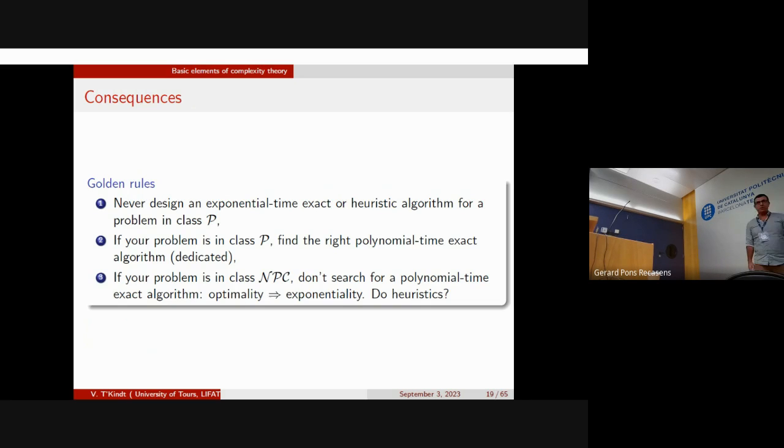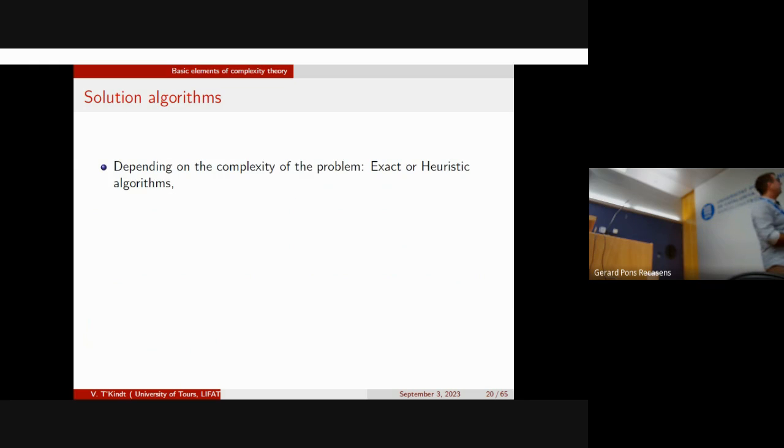You want optimality, you have to accept that the best you'll be able to do is to design an exponential time algorithm. Either pseudo-polynomial like the knapsack, or fully exponential like for the TSP. That will be the price to pay. So the nature of your problem influences the kind of algorithm that you have to design and what you have to look for.